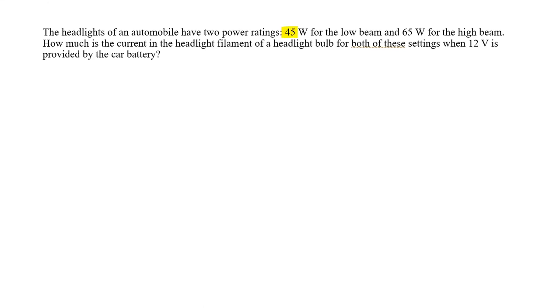So we have watts and we have volts. And it said here, how much current? So we know current is what? Amps, right? So let's draw our little triangle here.